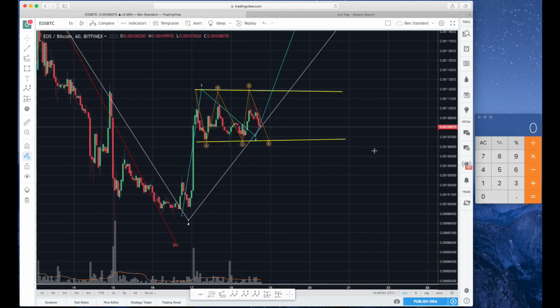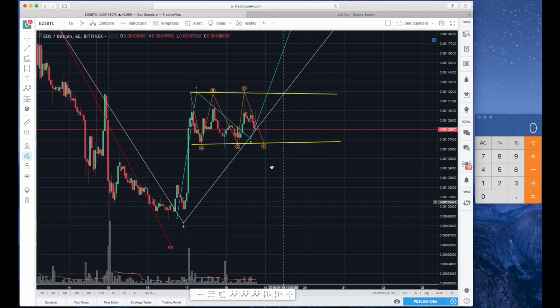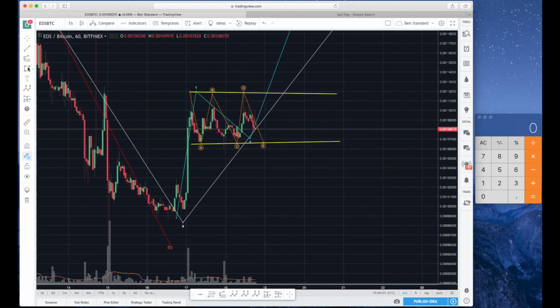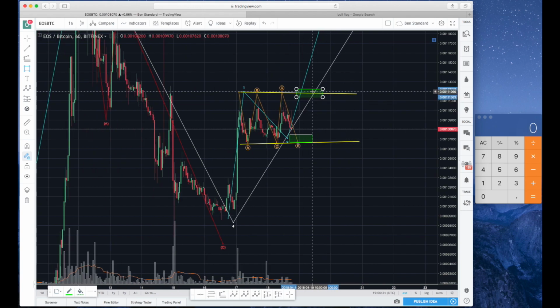And what I'm gonna do here is that I'm gonna buy in at the bottom of this trend line around here, and I'm gonna target first this area. But if you're a safe trader, you should target this area.